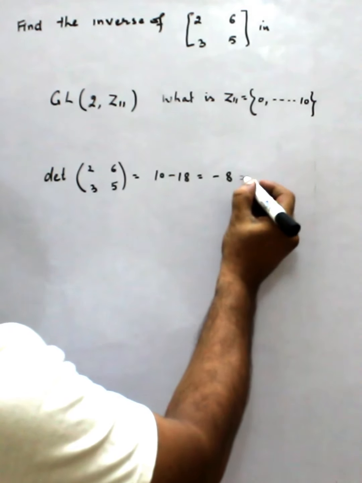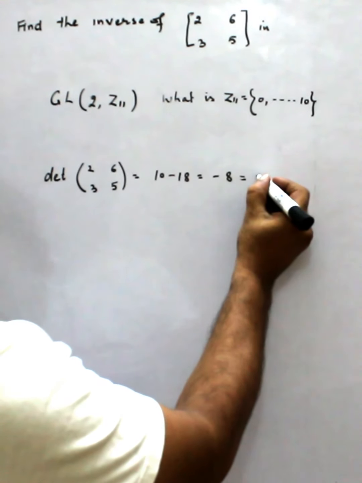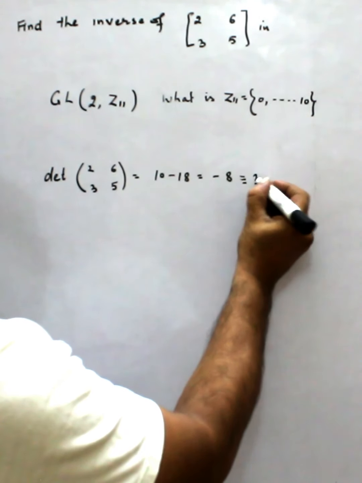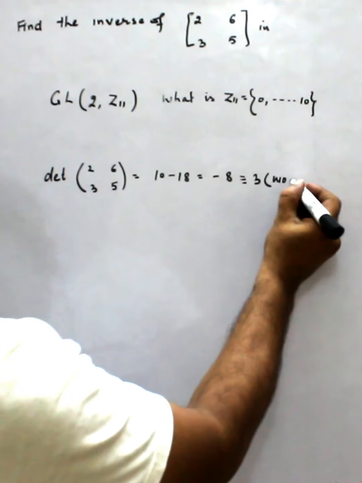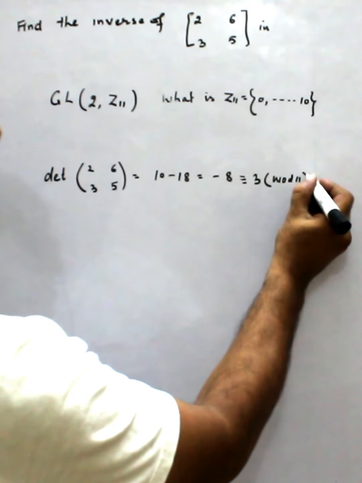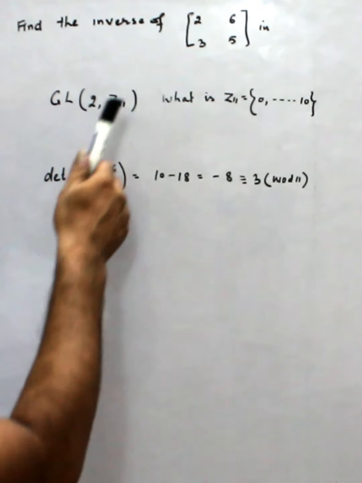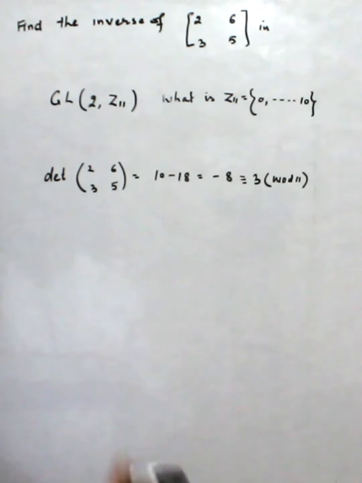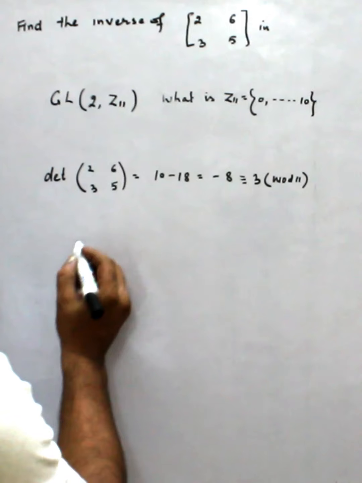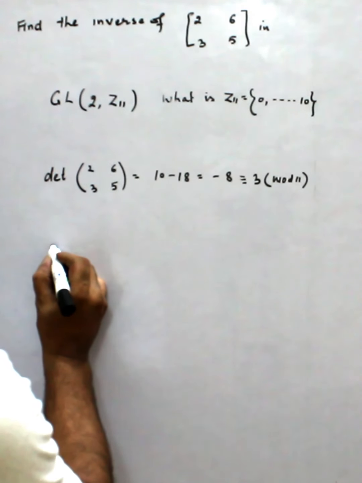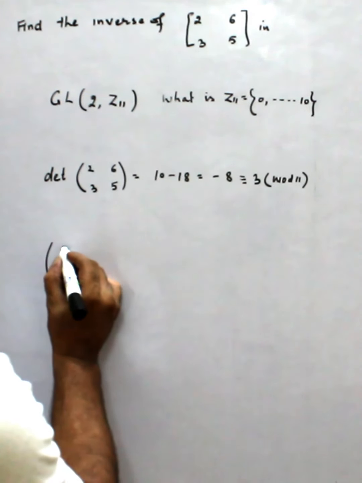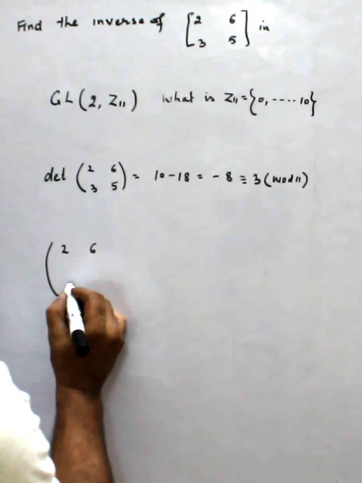If I add 11, I get that this is congruent to 3 mod 11.